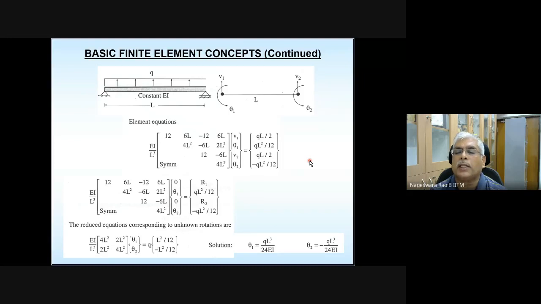Transverse displacements at the supports are 0. And theta 1, theta 2 we just calculated. And see how these solutions, v1, v2, theta 1, theta 2 match with the exact solution. They're the same as the exact solution. Okay, there is no doubt on that. Please take a note of it.